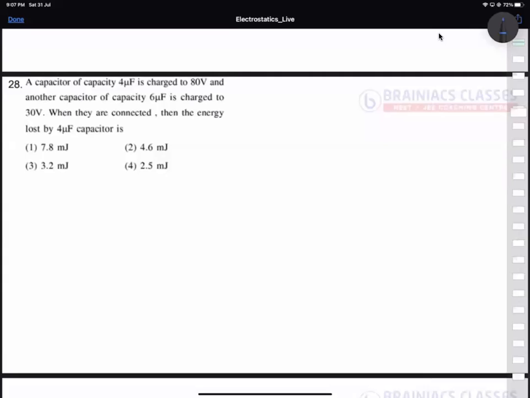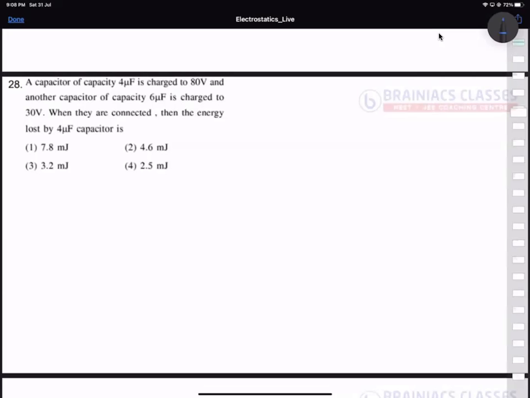Let's read the question. A capacitor of capacity 4 microfarad is charged to 80 volt and another capacitor of capacity 6 microfarad is charged to 30 volt. When they are connected, the energy lost by the 4 microfarad capacitor is what?